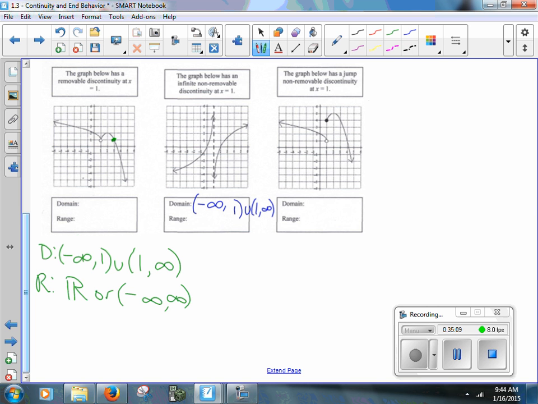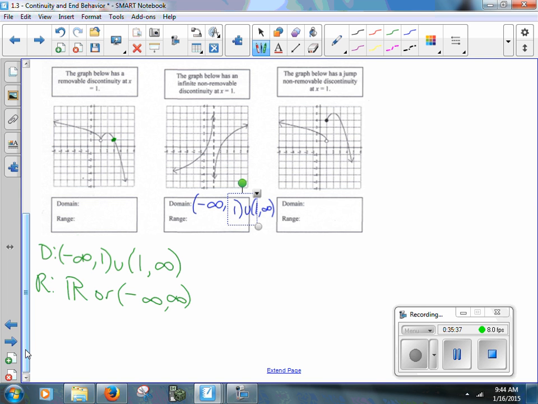It's never gonna be defined at the vertical asymptote when x is 1, right? This 1, parentheses, union, parentheses, 1, what is it really representing? The vertical asymptote. So I have to account for it because the graph is going to get just as close as it can get. But it's never going to include x equals 1.